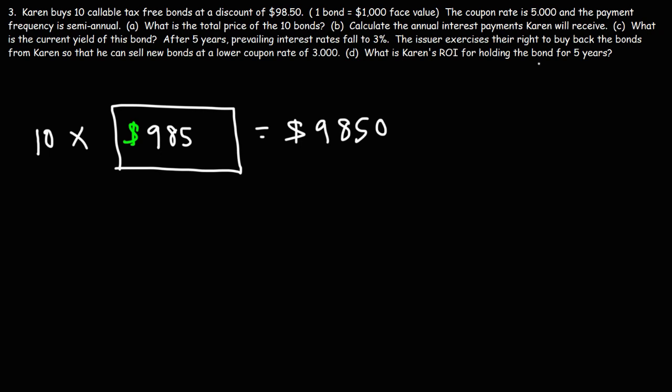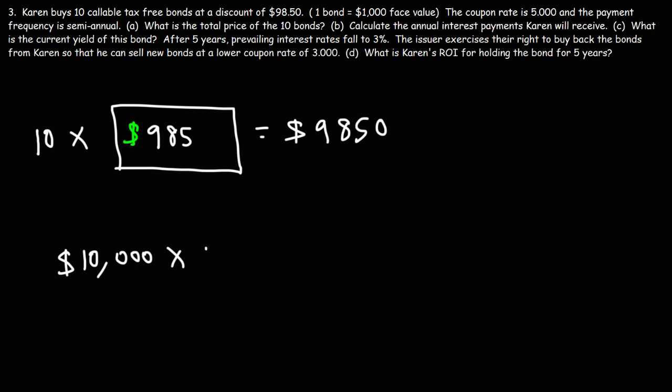Now, part B, calculate the annual interest payments, not the semi-annual, but the annual interest payments Karen will receive. So the 10 bonds have a face value of $10,000 if you multiply 1,000 by 10. So the interest payments will be based on the total face value of these bonds. The coupon rate is 5%.